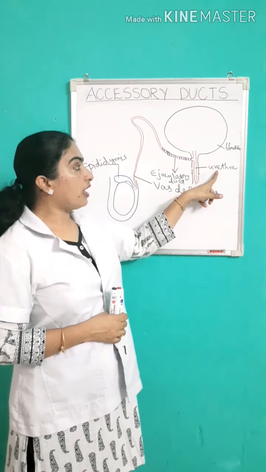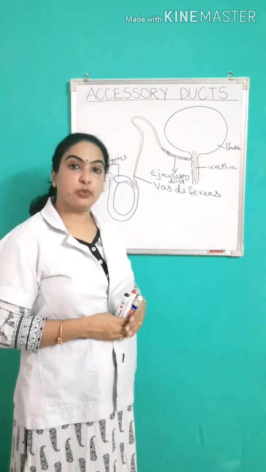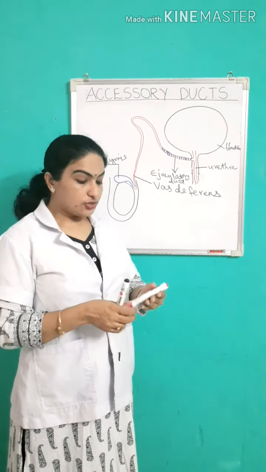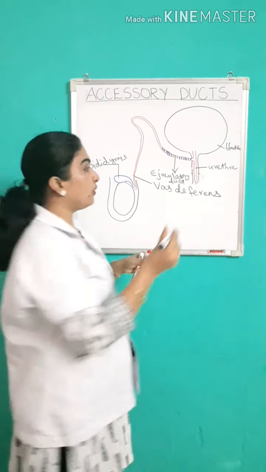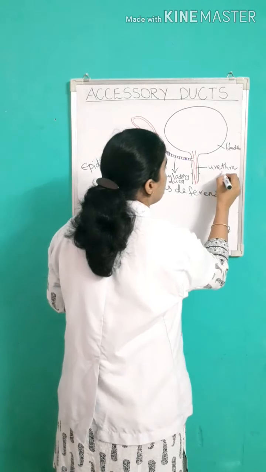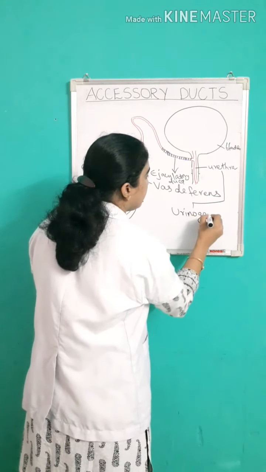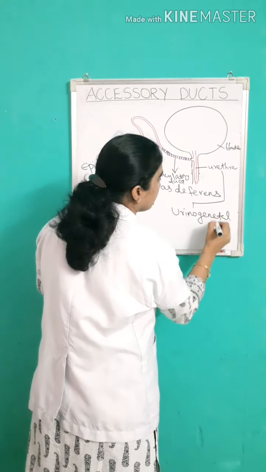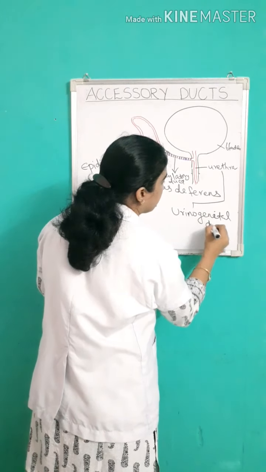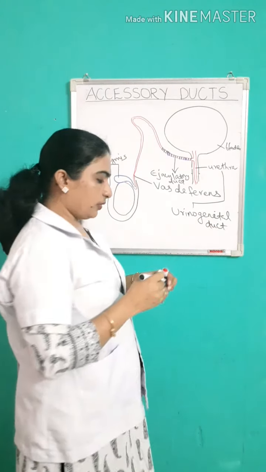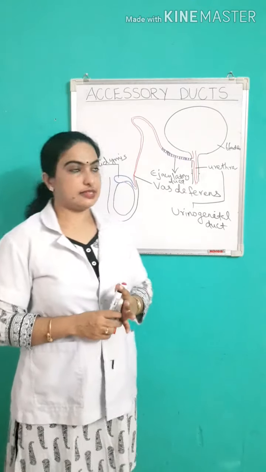So this urethra acts as a common passage of both urine and sperm. So this urethra is also known as the urinogenital duct.